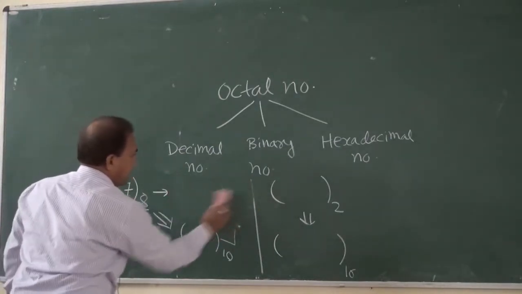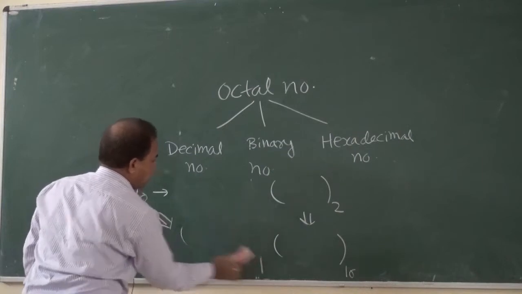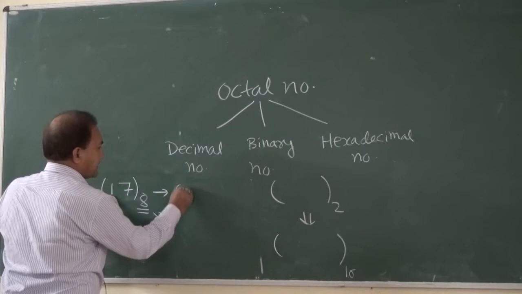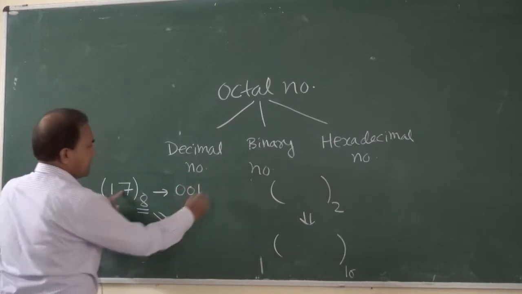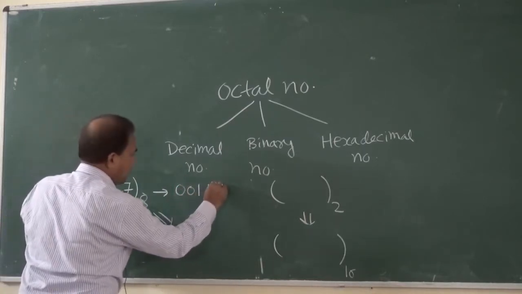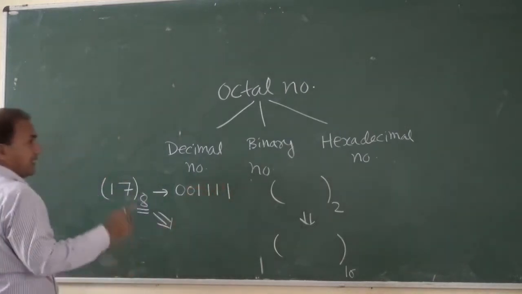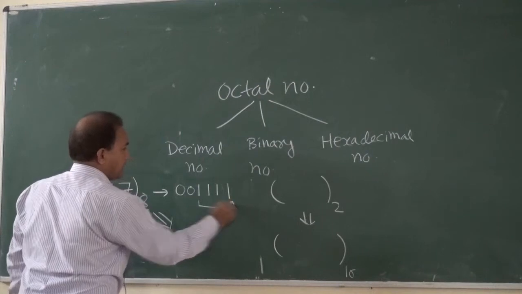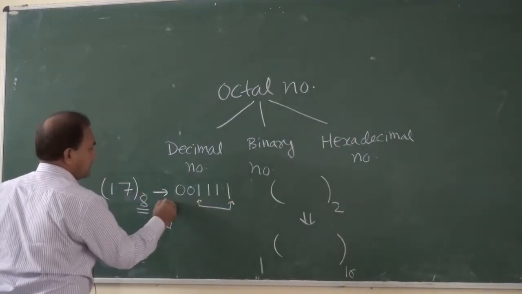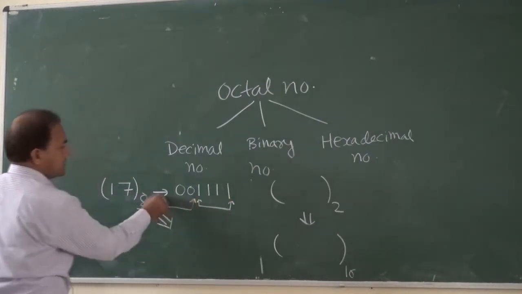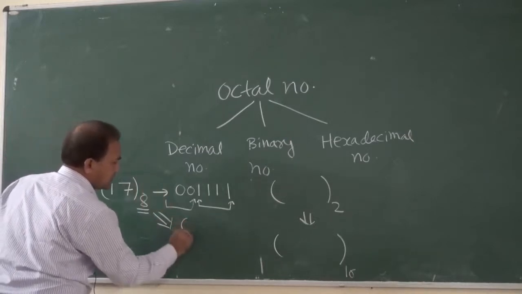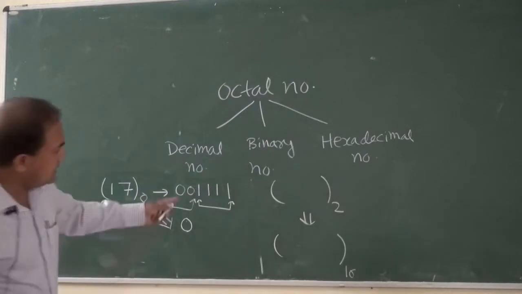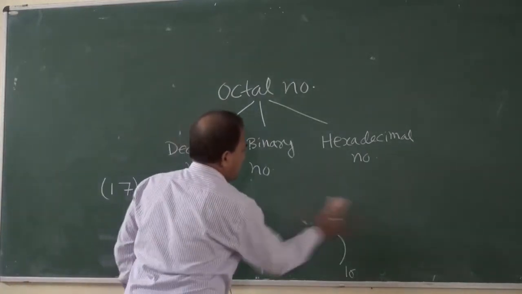So you can see like this. 1 you are representing like this, 0 0 1, and 7 with 1 1 1. In hexadecimal you have to combine 4 bits, so this is 0 0 and this is 1 1 1 1.